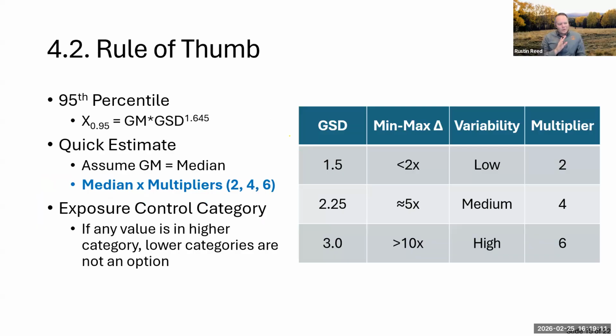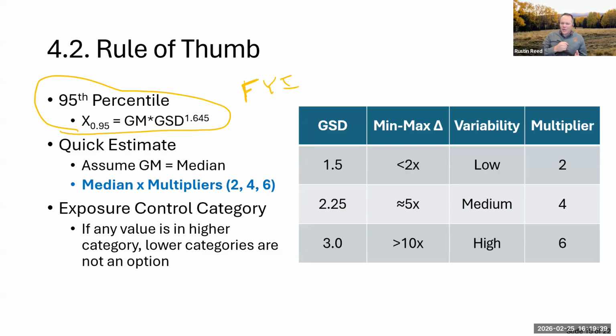So to use the rule of thumb, you do not need to know this equation. Not that it's super complicated, but this is just for reference, FYI. If you were going to estimate the 95th percentile, we can calculate this with our sample, but here we're going to modify this and simplify it.